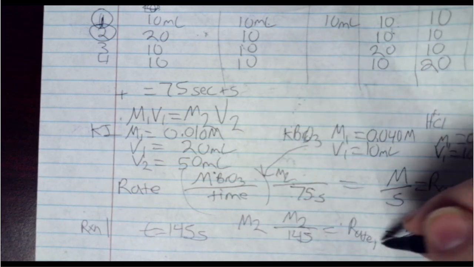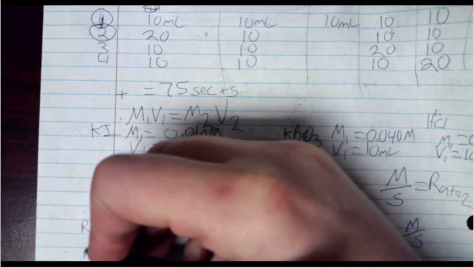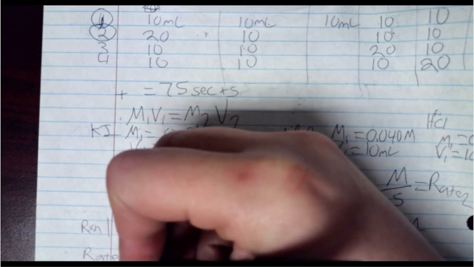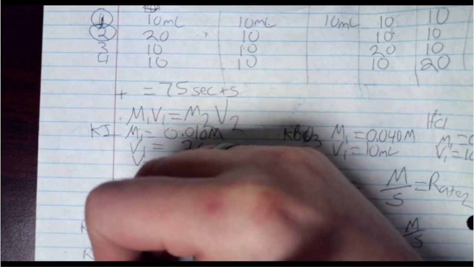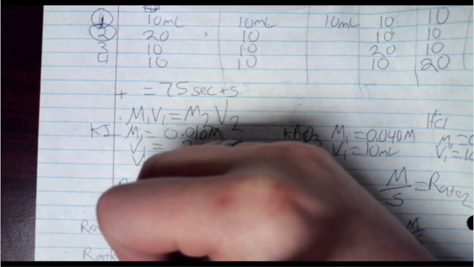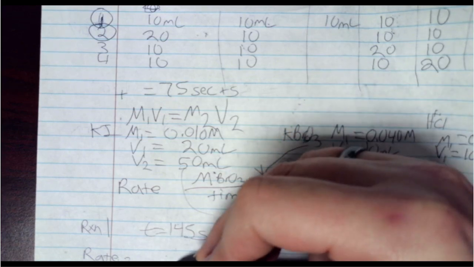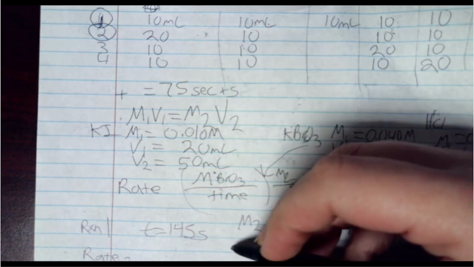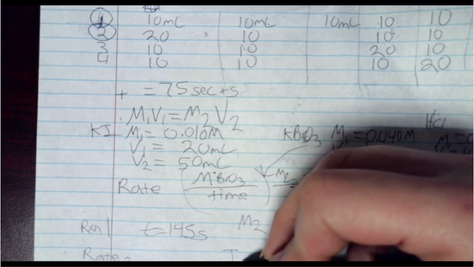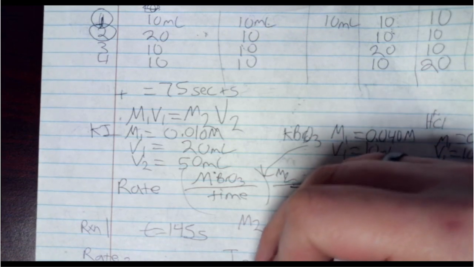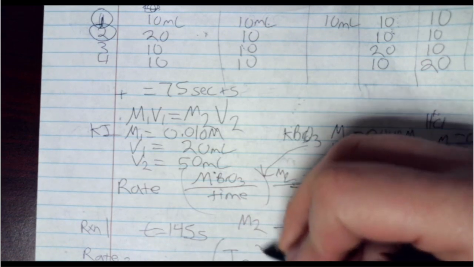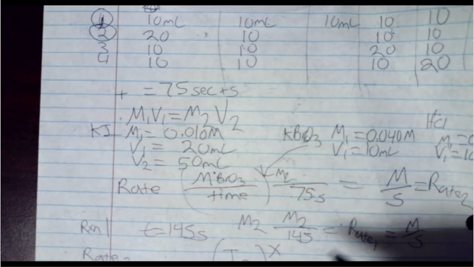Now with those in mind, rate 2 divided by rate 1 should be proportional to iodide for your second one divided by iodide for the first one, raised to whatever power.